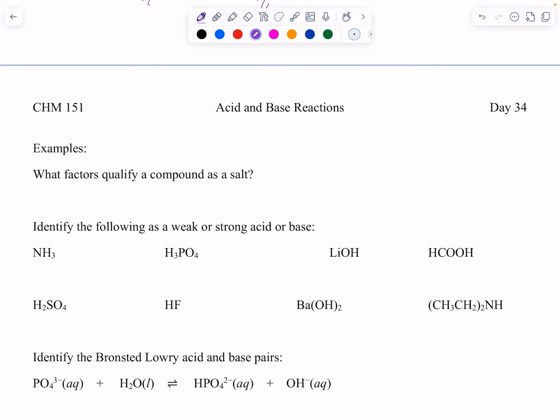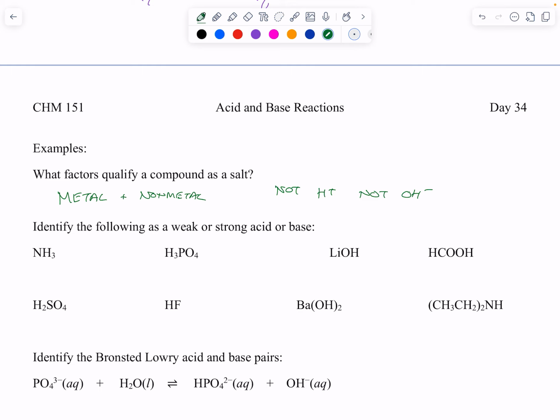All right, and so what qualifies salt? It's always going to be a metal plus a non-metal. Right? But there's not H plus in front and not OH minus. Okay?